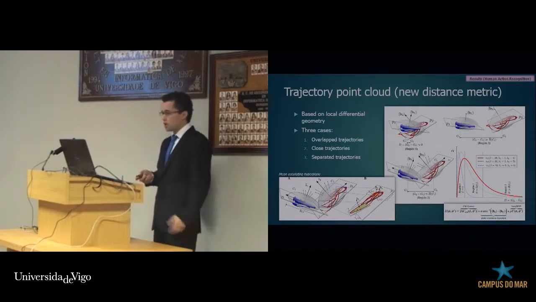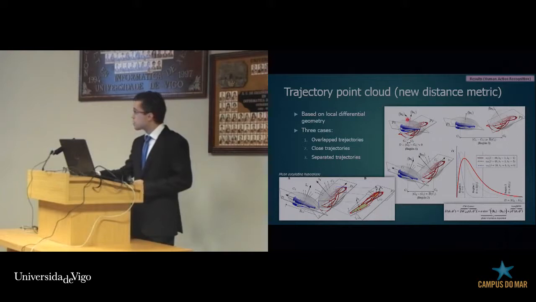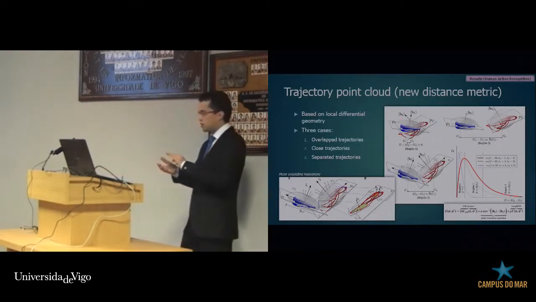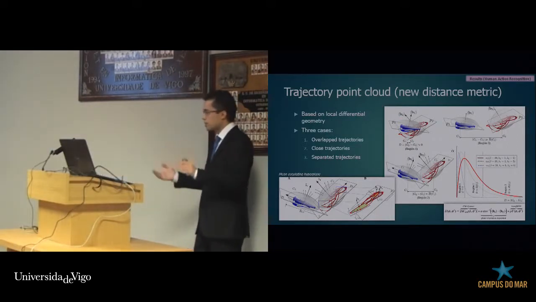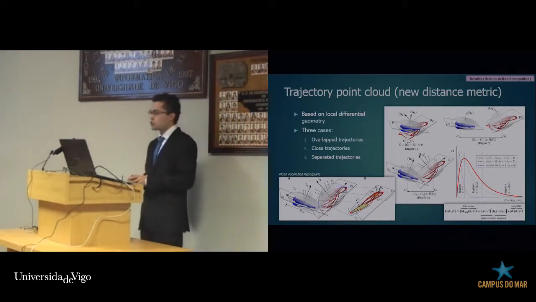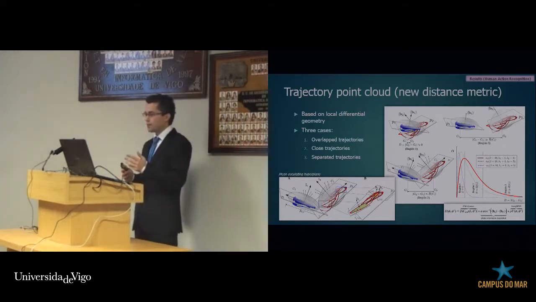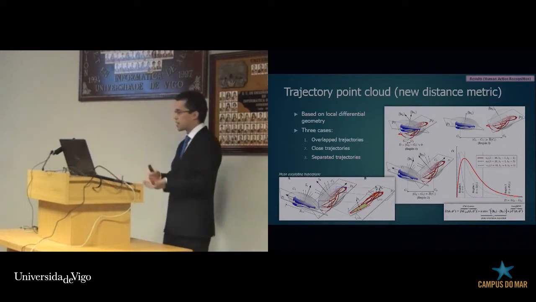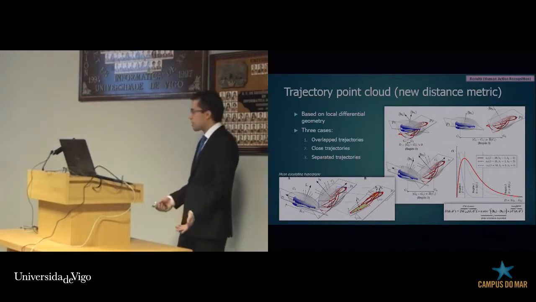For example, in the first region, like here, you can see that you have two trajectories that really overlap, because maybe it's the same trajectory. So if you use a distance metric like K nearest neighbor, it works badly, because all the points are really close.